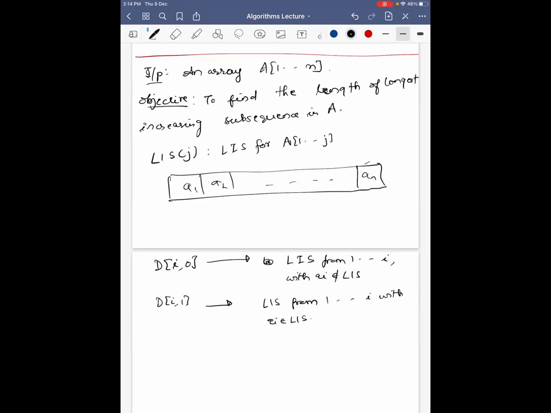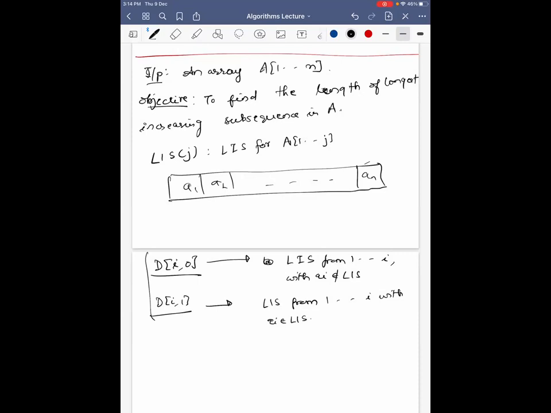Yeah, but then how will you compute these? That's the whole point, no? In order to recurse, you need some sort of a recurrence relation imposed on these as well. Okay, so sir, this would take big O of n squared.